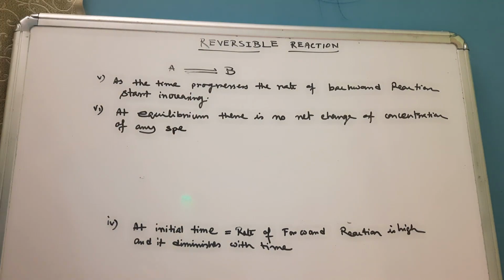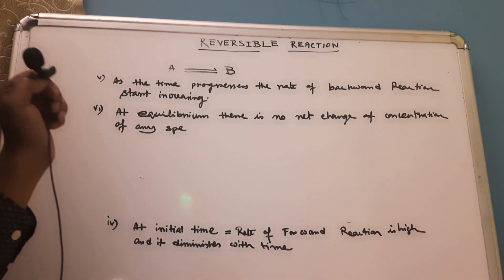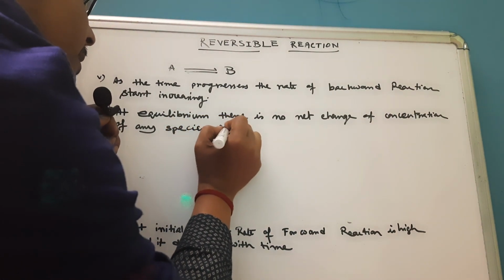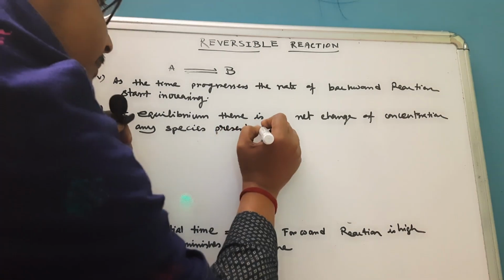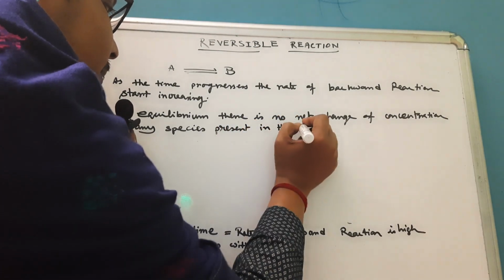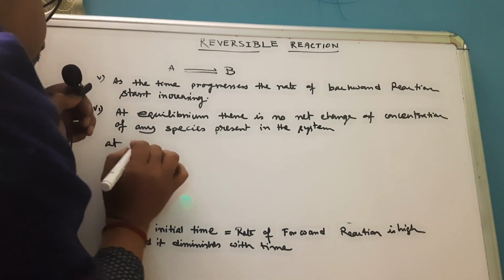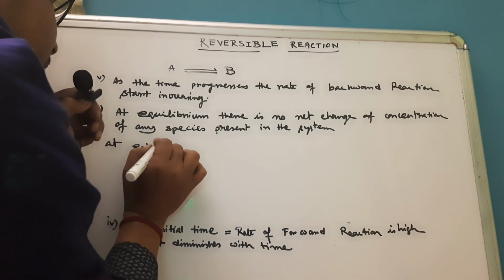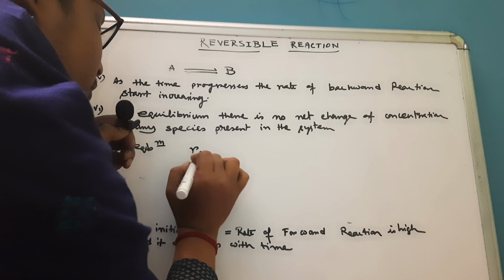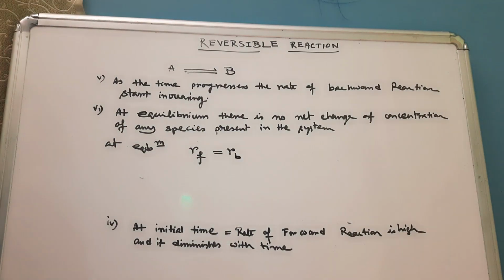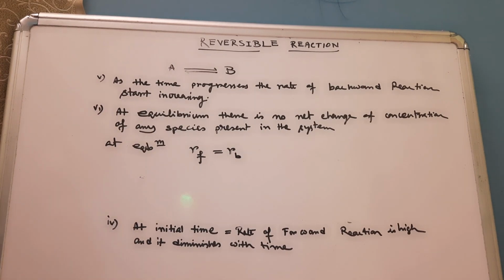It can be reactant, it can be products. So there is no net change of the concentration of any species present in the system. At equilibrium, the rate of the forward reaction should be equal to the rate of the backward reaction. This is the equilibrium criterion.